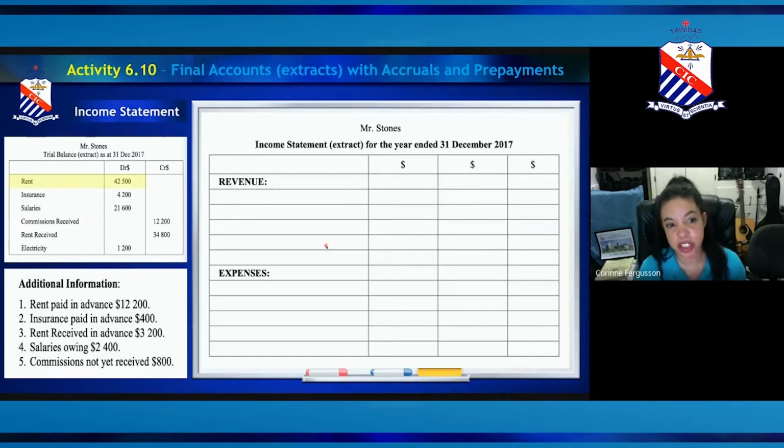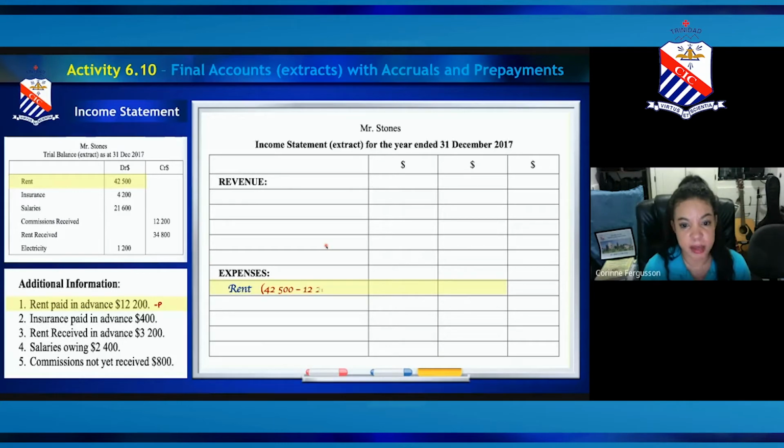And we go first to the rent, and what you do after that, check your notes. So we go down and we check our notes. Is there anything related to rent? Yes. So in your notes, you would see that we have in advance, which is a prepayment. What do you do with prepayments? Less it. So you less prepayments. So you will go rent is an expense.